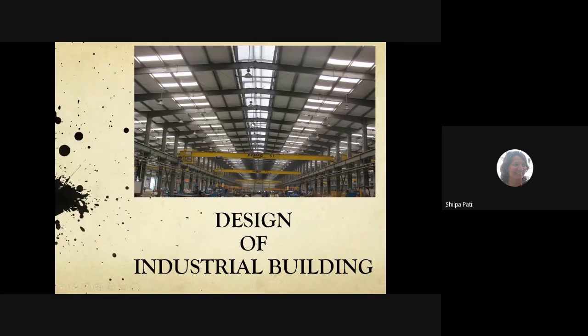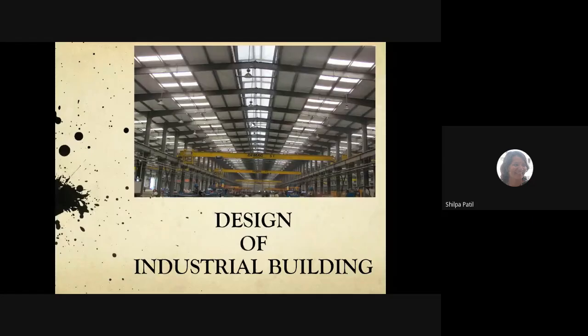So it consists of a frame which has a shape similar to the truss, but it is not a truss, because when you imagine any kind of truss, it is an assembly of different steel sections, and it requires a number of members, and because of that the total weight of the truss also increases and the cost also increases. So the PEB frame is an economical alternative for the trusses.